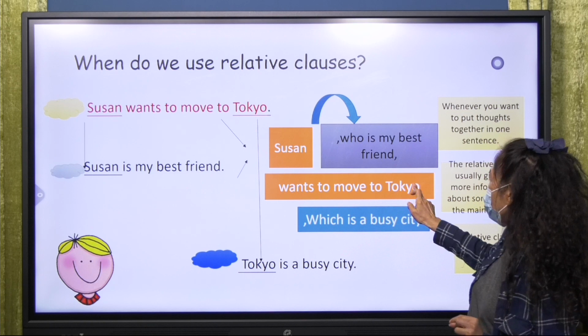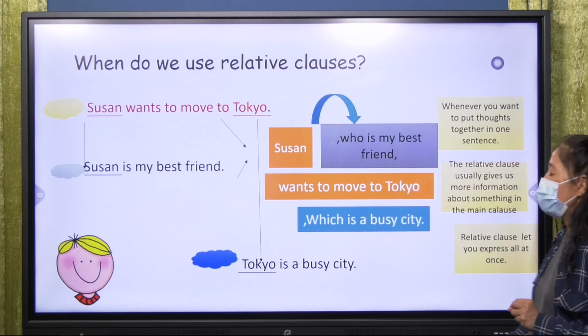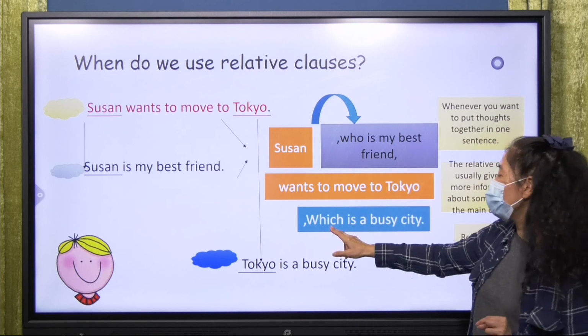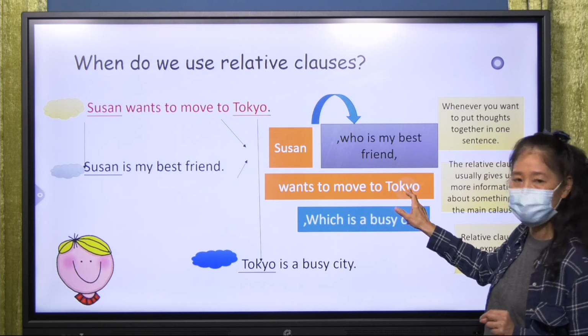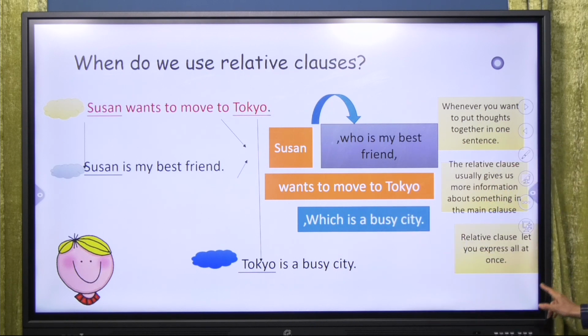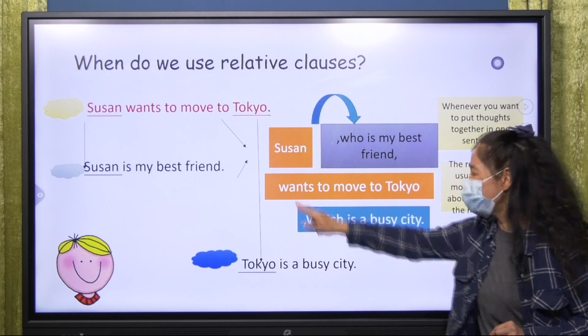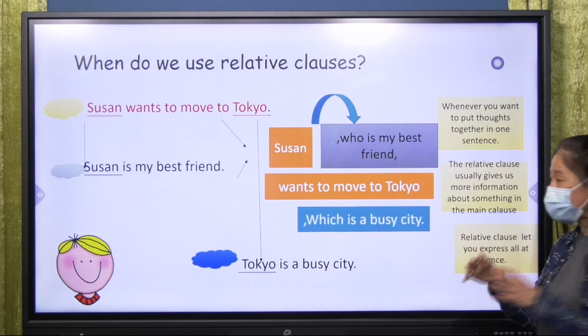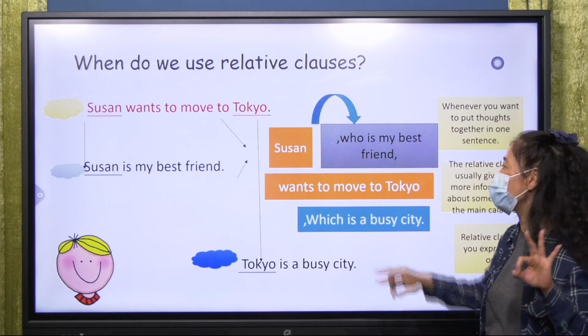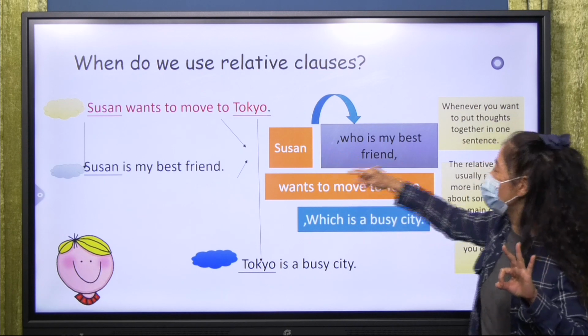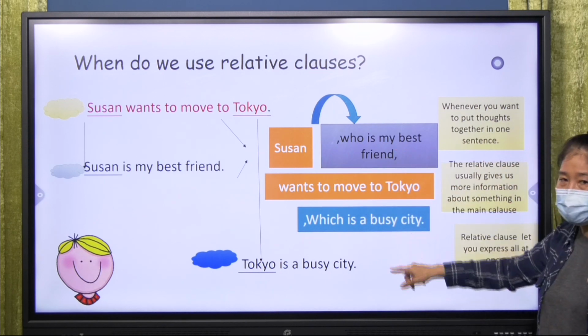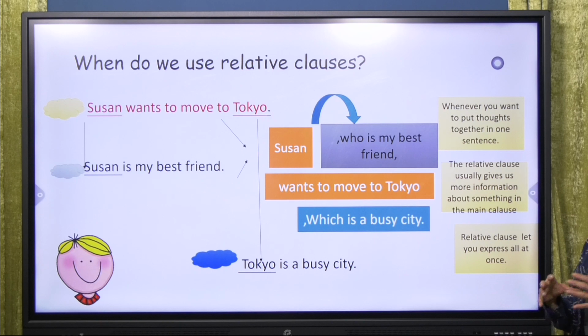So Tokyo. And I use the relative pronoun to refer to Tokyo. So by using one large sentence, but inside this large sentence, three clauses: 1, the main clause, 2, and 3. So you can put all your ideas in one sentence.